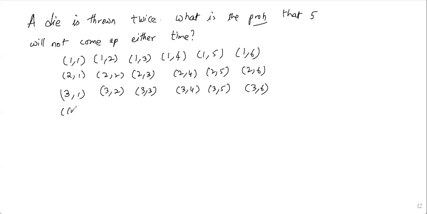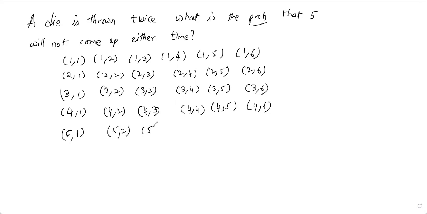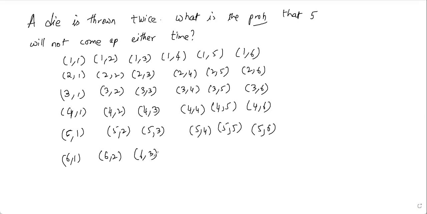This is 4 comma 1, and 4 comma 4, right? And 5 comma 1, 2, 3, 4, 5, 6, and lastly you have 6 comma 3, 6 comma 4, 6 comma 5, and 6 comma 6.